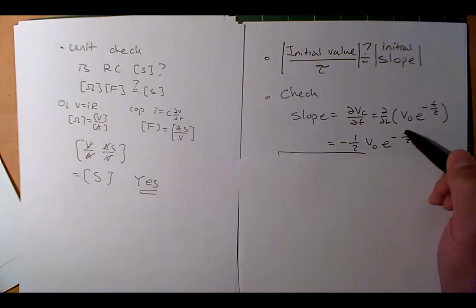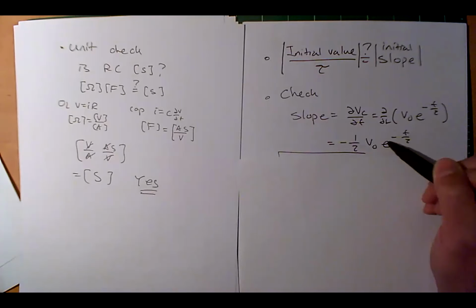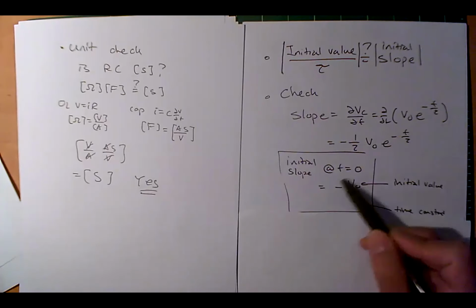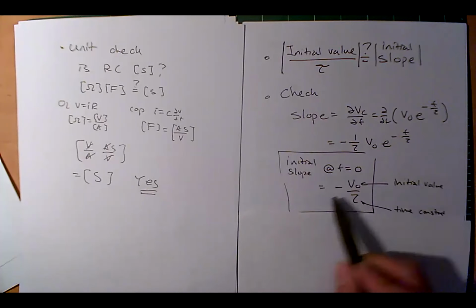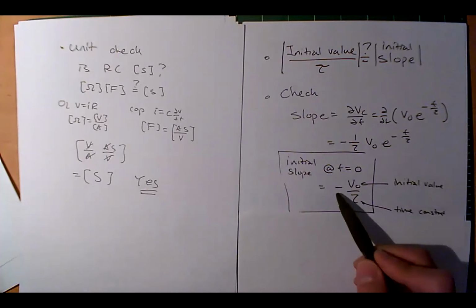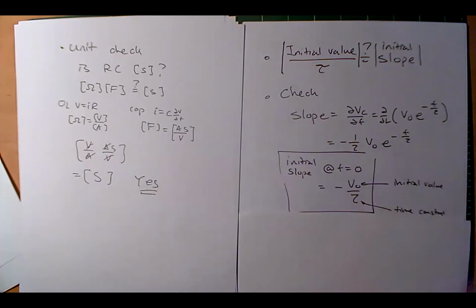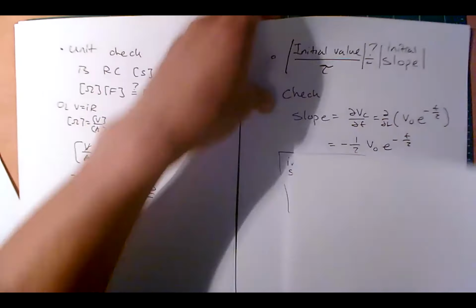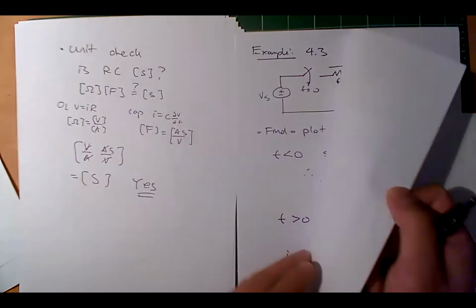And if I put t equals 0, that's the initial time, what do I get? V naught over tau. So at time equals 0, the initial slope is minus V naught over tau. Okay, cool. So hopefully that convinces you that this fact is true.